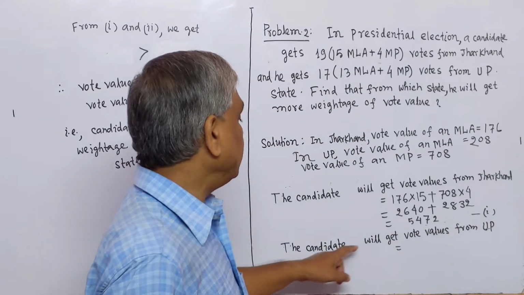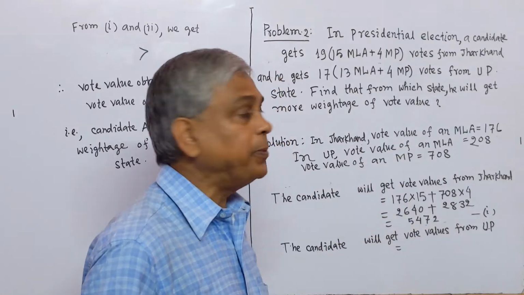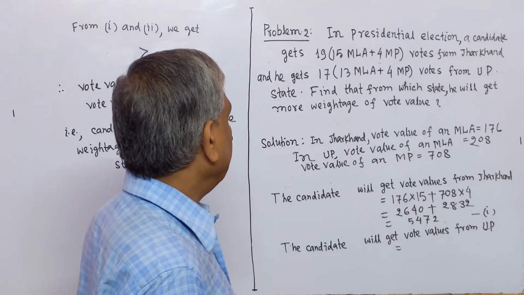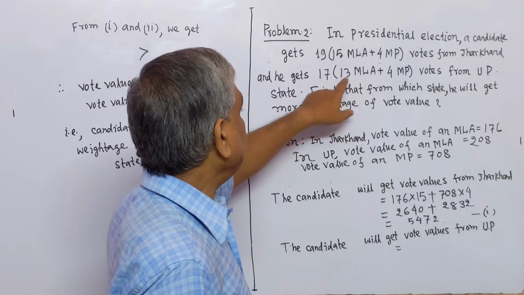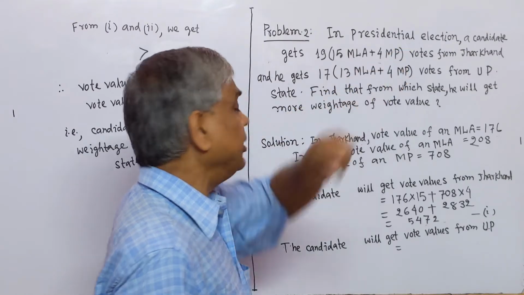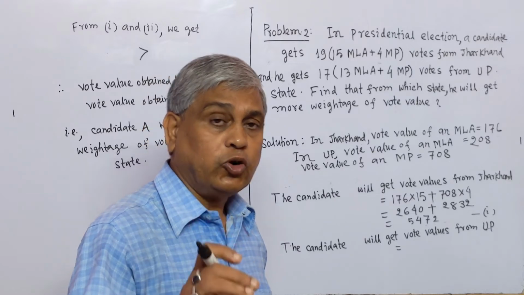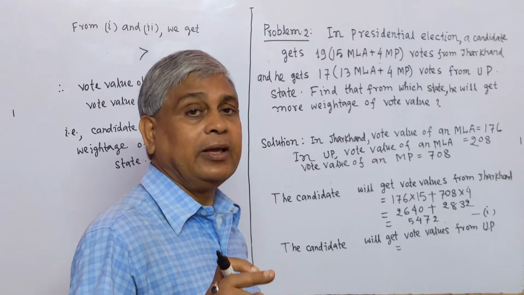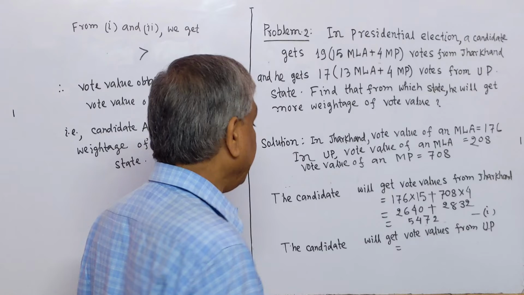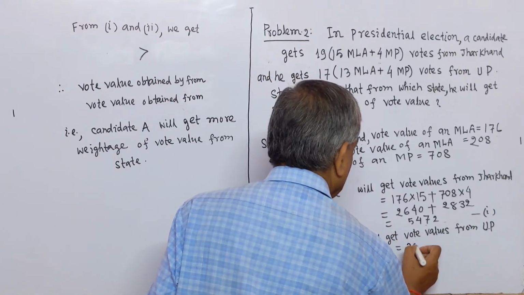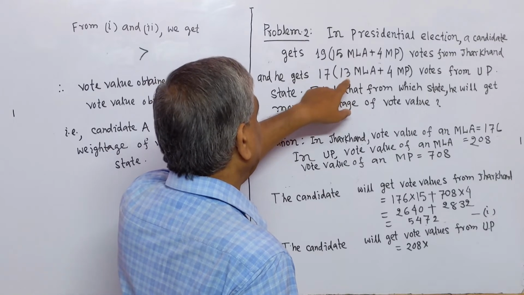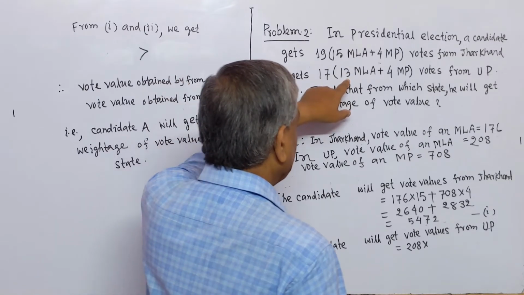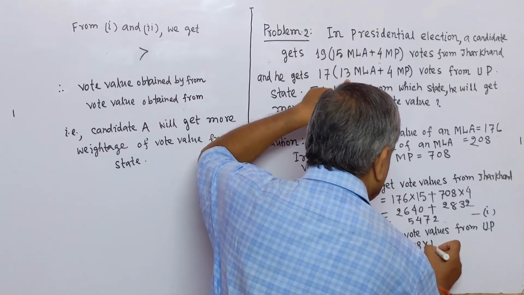Now the candidate will get vote values from UP state. From UP state, the candidate will get 13 MLA votes. Since the vote value of an MLA in UP state is 208, therefore the vote value of 13 MLA from UP state will be 208 multiply 13.